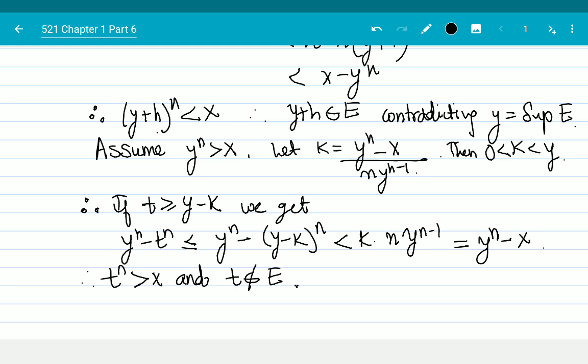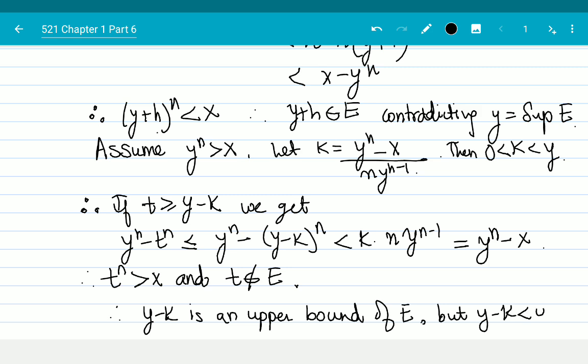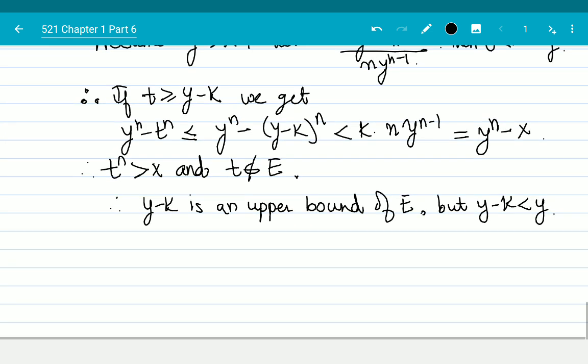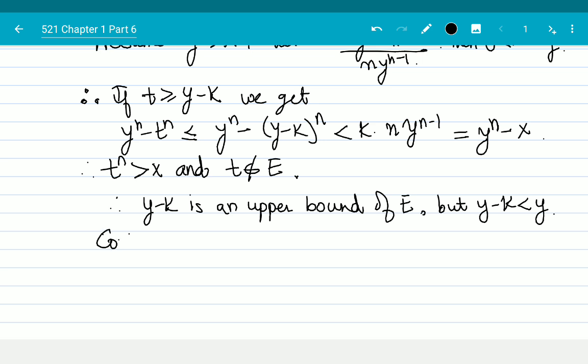What that means is, therefore, Y minus K is an upper bound of E. Well, that's a problem. But Y minus K is smaller than Y, which means, therefore, contradicting that Y is equal to the supremum of E, i.e., the least upper bound.